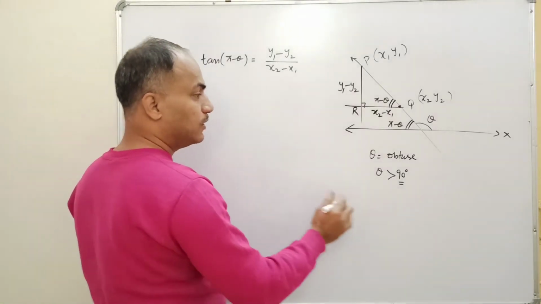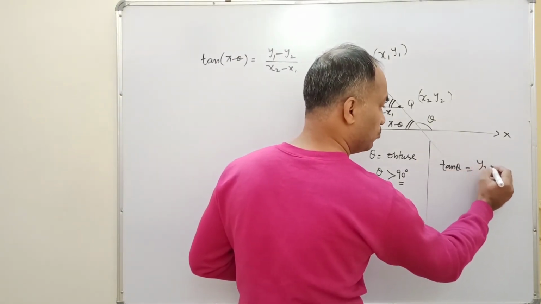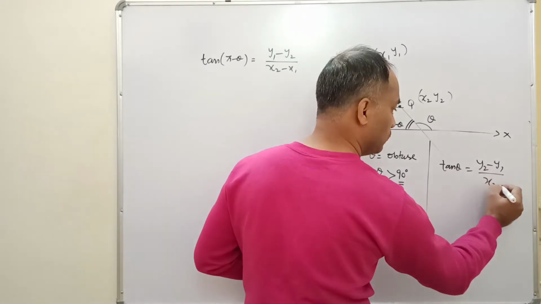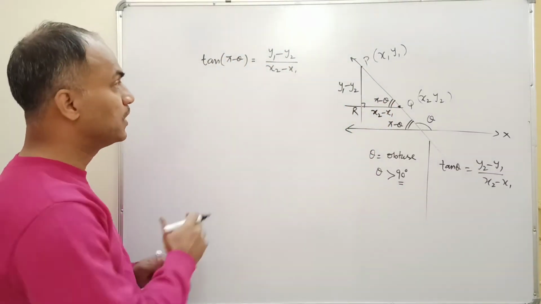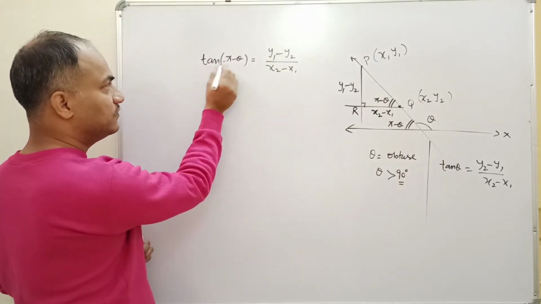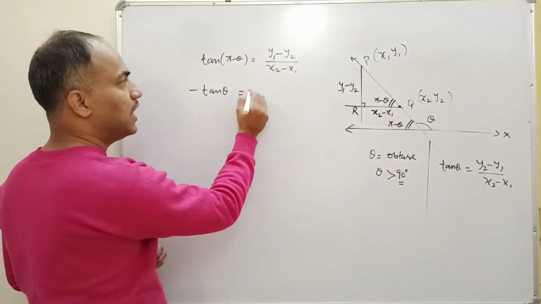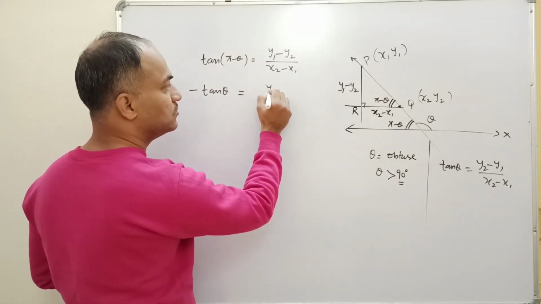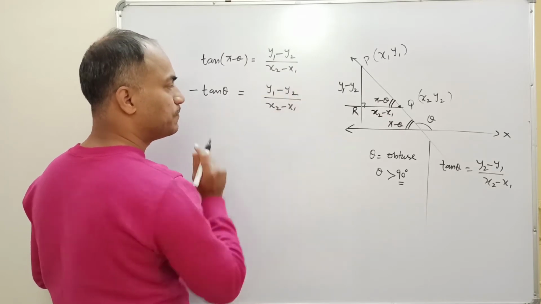Okay, what was the formula? We have reduced tan theta, that is slope is y2 minus y1 upon x2 minus x1. Okay, this was the formula we reduced. Now what happened here? This is 180 minus theta, so tan 180 minus theta becomes minus tan theta and this is y1 minus y2 upon x2 minus x1.